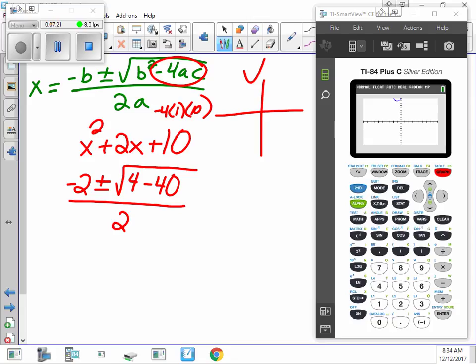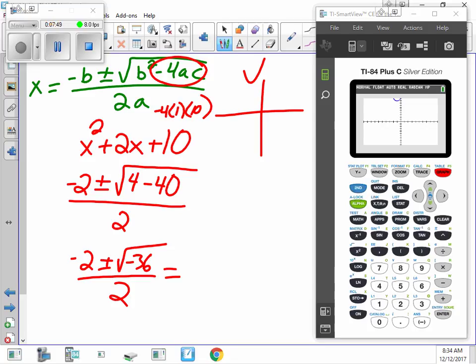Okay. Then I get negative 2 plus or minus the square root of negative 36 over 2. Can we take the square root of negative 36? We can now. Before we did 4.6 in the book, we didn't know how to do it. What is the square root of negative 36? 6i.